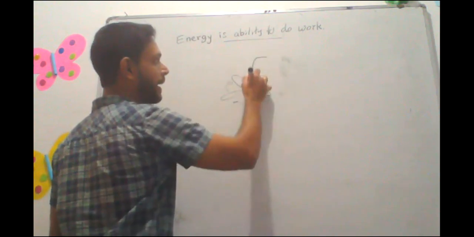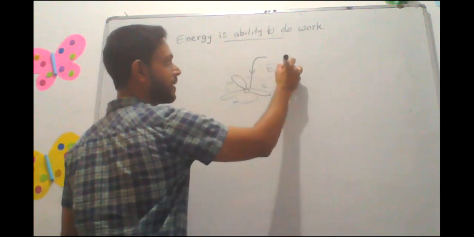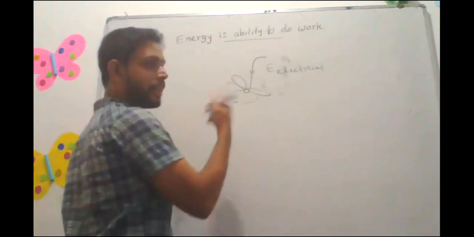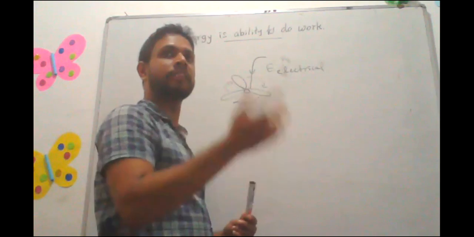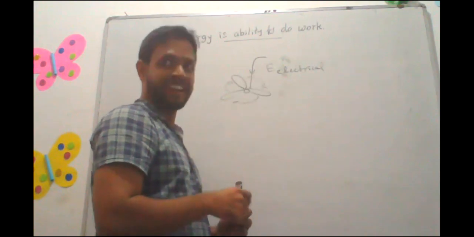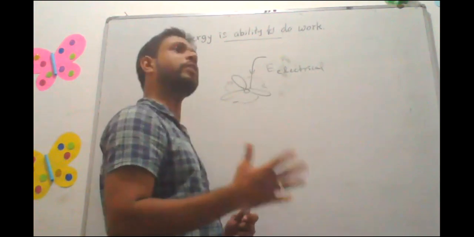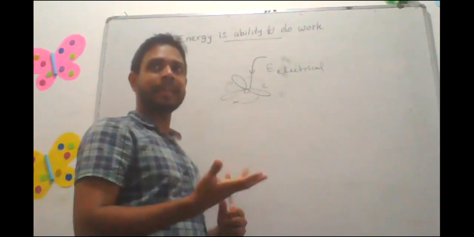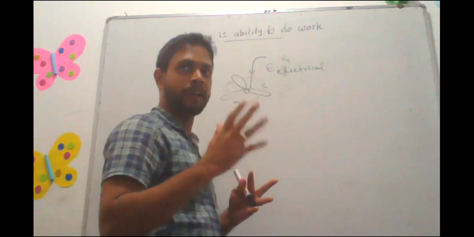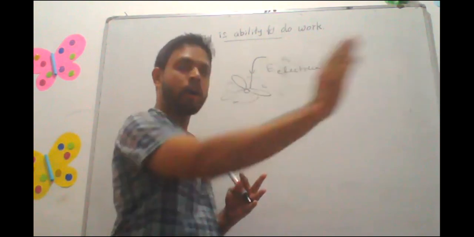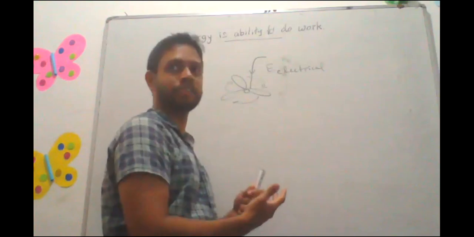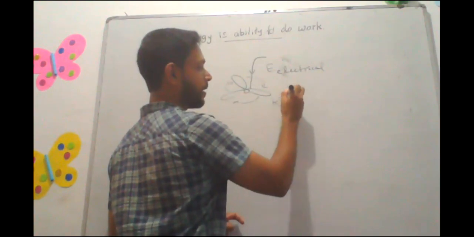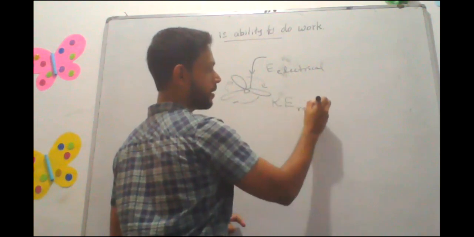If you provide it with electrical energy, it will transfer this into a form of kinetic energy. Even though you have not gone through it as yet, kinetic energy has two components: translational, that means on a straight line, and rotational. So this is basically rotational kinetic energy.